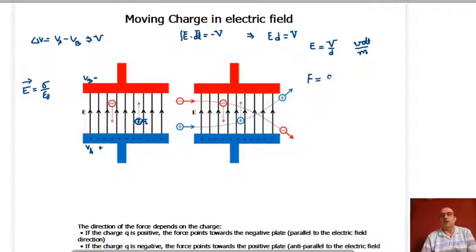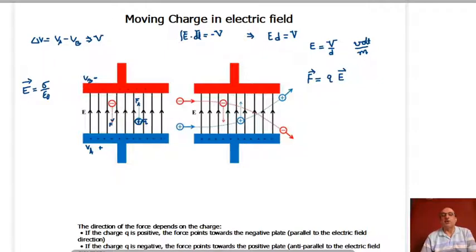The force on the charge Q will be Q into E. As we know, F is equal to Q into E. The force acting on this charge is parallel to the electric field. For positive charge, the force will be directed in the direction of the electric field. And for negative charge, look inside the picture, the force is just opposite to the electric field.